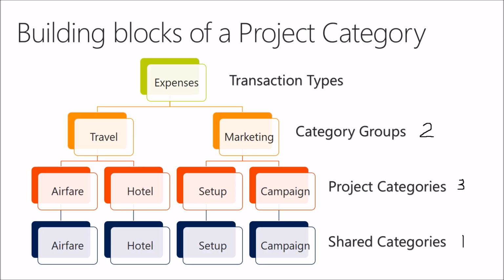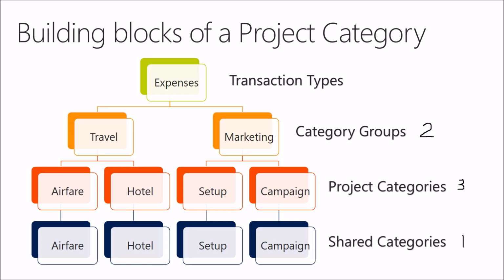So you cannot just go into the project categories form and create categories as you please. You have to have the 2 prerequisites in place before you create a project category. You got to have a shared category and a category group. Then you go in and you basically release a shared category and tie it to a category group. And then finally, I just threw the transaction type note in there just so you can understand that all your categories fall under a specific transaction type.